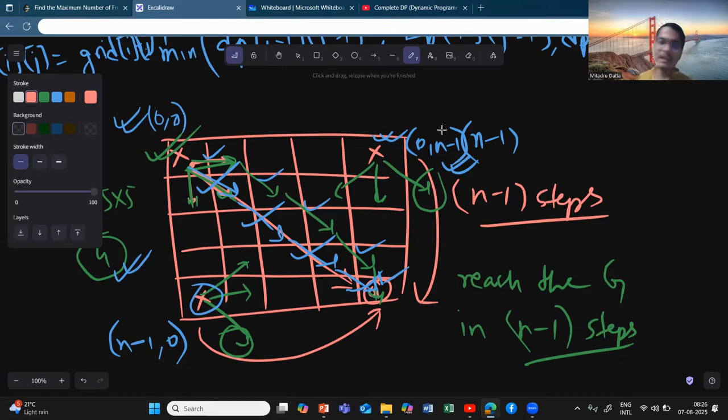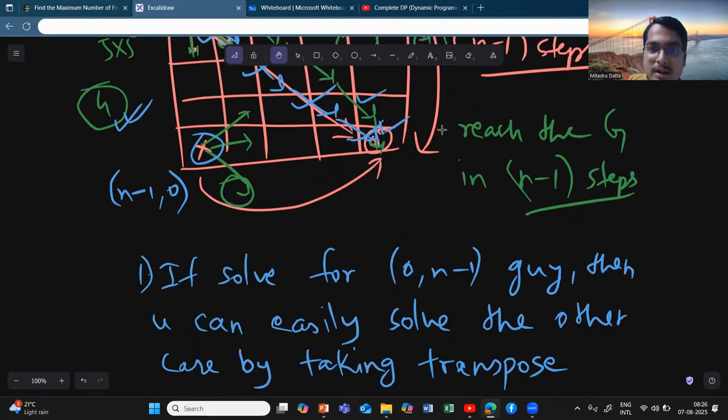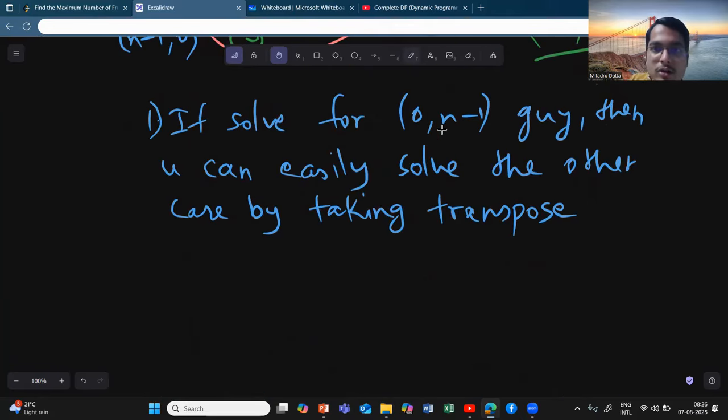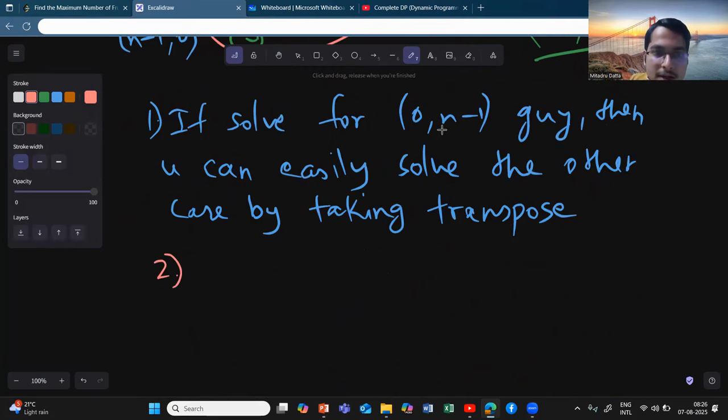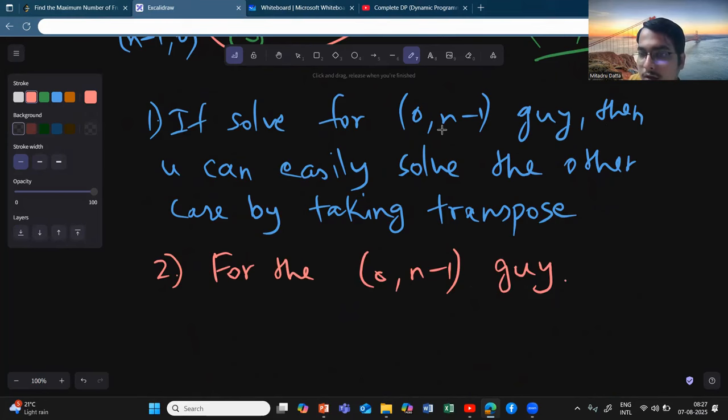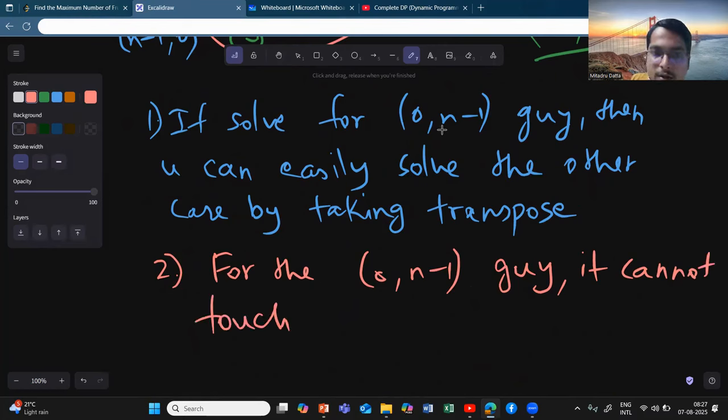So what is optimal for the 0 comma n minus 1 guy, by observation, is that it cannot touch the diagonal line, touch or cross, both. Without touching also you can cross it.